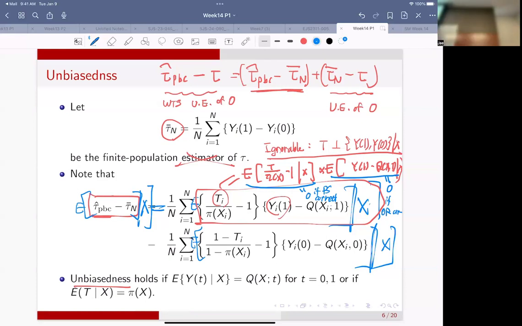Okay. So that means this is 0. We can do the same thing here, right? We can do the same thing in the second part too.